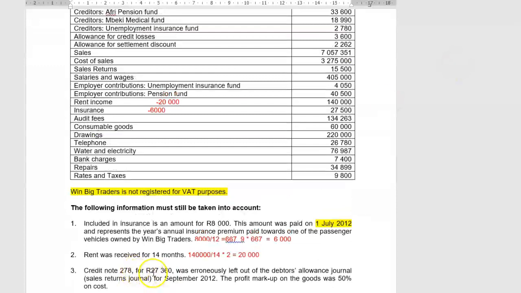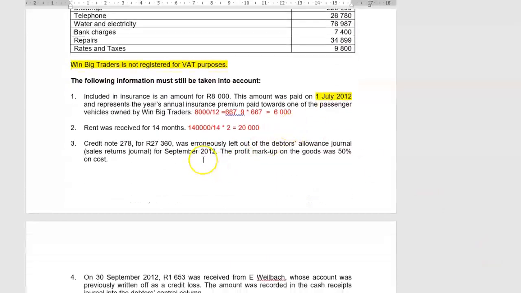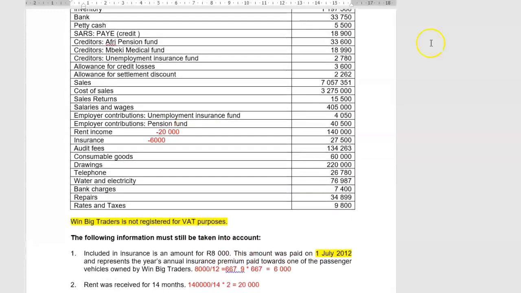Credit note 278 for 27,360 was erroneously left out of the debtors allowances journal, the sales returns journal for September. The profit markup on the goods was 50% on cost. Okay, so the amount was 27,360. I'm going to debit my sales returns with 27,360, and I'm going to credit my debtors with 27,360.